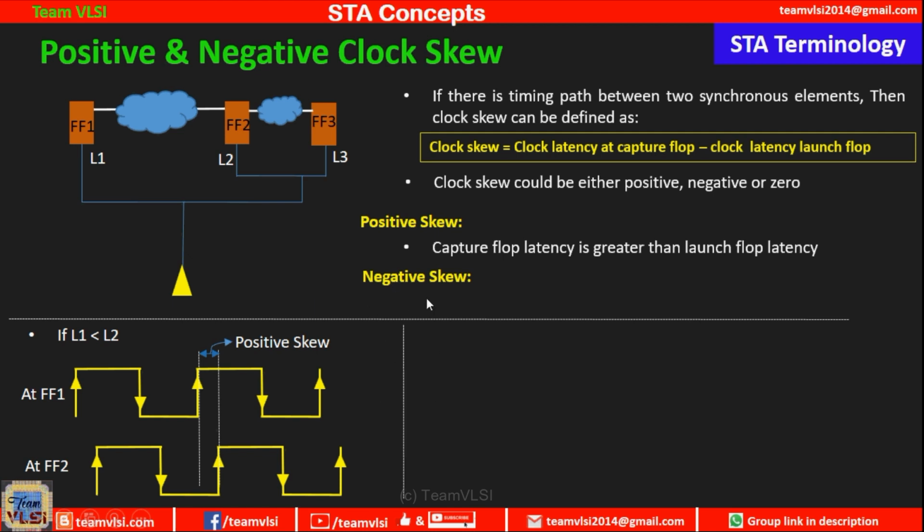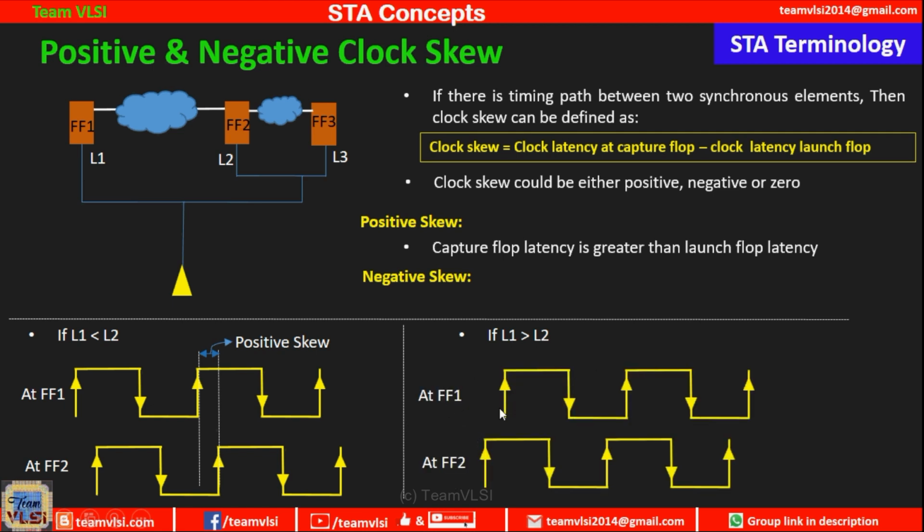And in case of negative skew, suppose L1, the latency of the launch flop, is greater than L2, then what will happen? The launch flop will see a delayed clock with respect to the capture flop. So the clock will arrive first at the capture flop with respect to the launch flop.